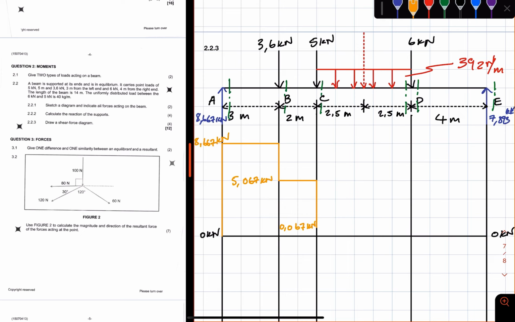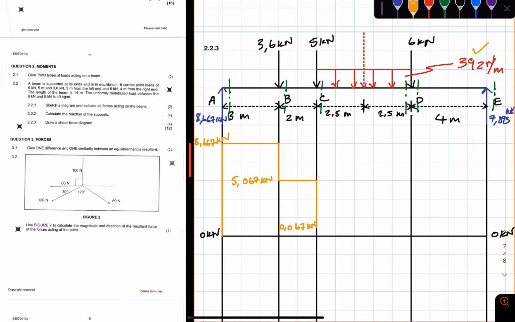Now, if you get to section D, first the left section, right? So the only force we get is based on the UDL, right? Now the UDL is 392 newtons per meter, right?